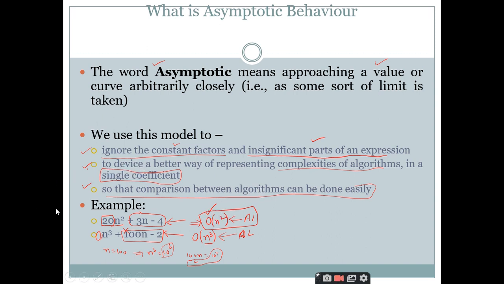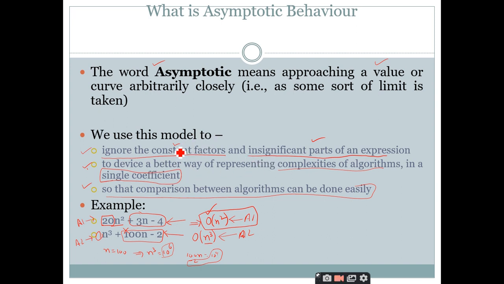But if you express the efficiency of algorithm A1 as 20n square plus 3n minus 4 and that of A2 as n cube plus 100n minus 2, then you have to make all the calculations and then measure the efficiencies. In order to avoid this processing, they have used these asymptotic notations.